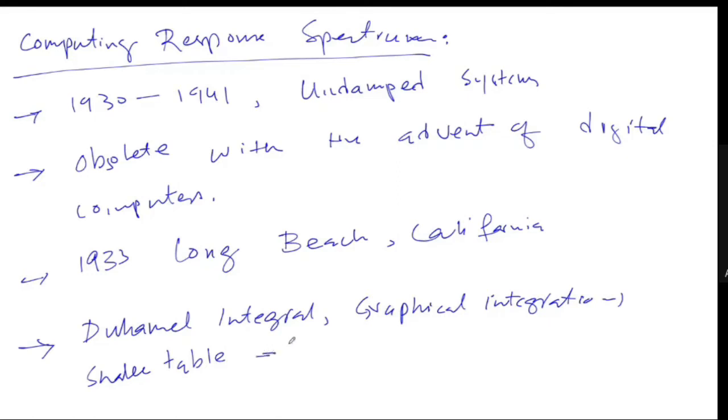This was at Stanford University and was used by Jacobsen, a very famous structural and earthquake engineer, and Ayre. Besides these, there were also torsion pendulums, mechanical analog devices similar to those developed by Housner and Biot.